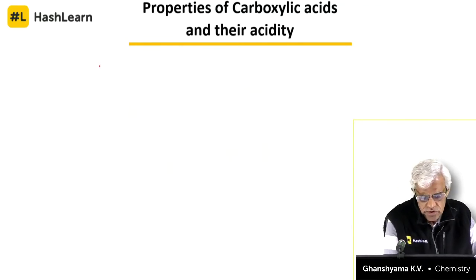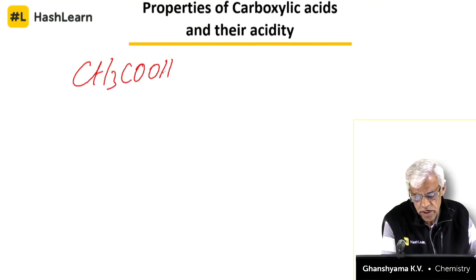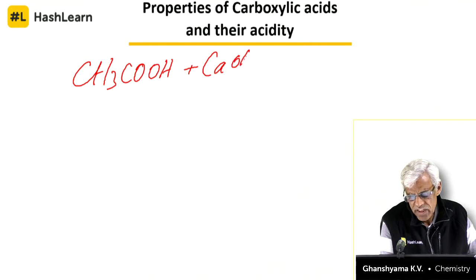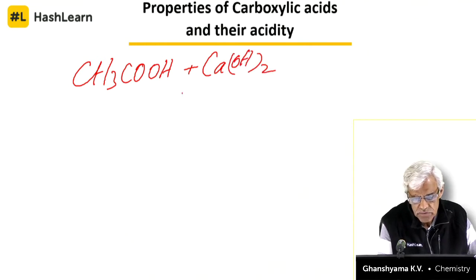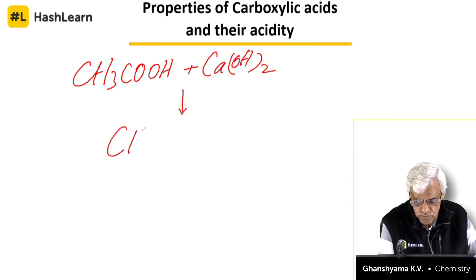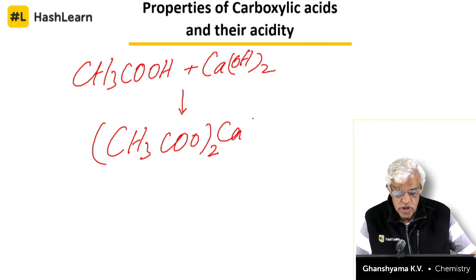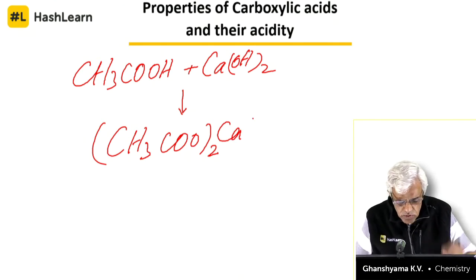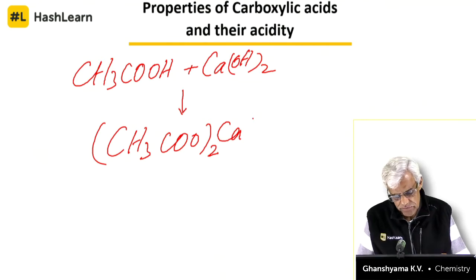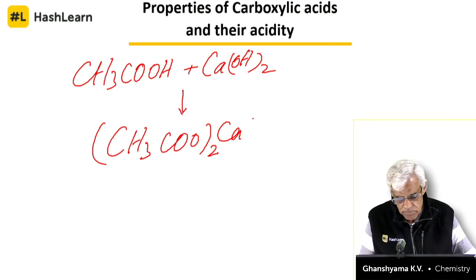The next one is reaction with calcium hydroxide. Again, acid plus base results in the formation of a salt, (CH3COO)2Ca. Usually the calcium salt is prepared to prepare something else from that.